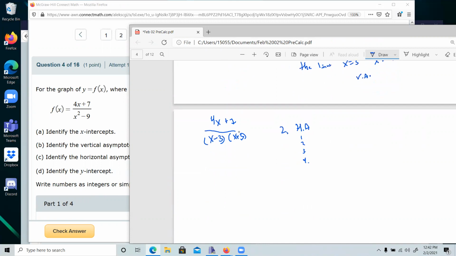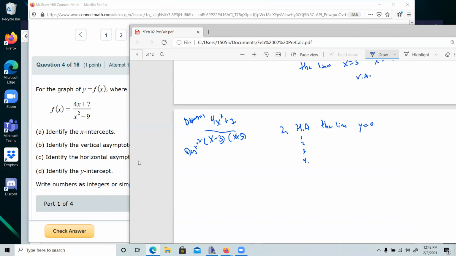And this is the first case, because the degree of the top, that was 1. We only had a 1 here. But if I multiply these together on the bottom, we'd have a degree on the bottom equal to 2. So the top is a smaller degree than the bottom. That means we have a horizontal asymptote at the line y equals 0.